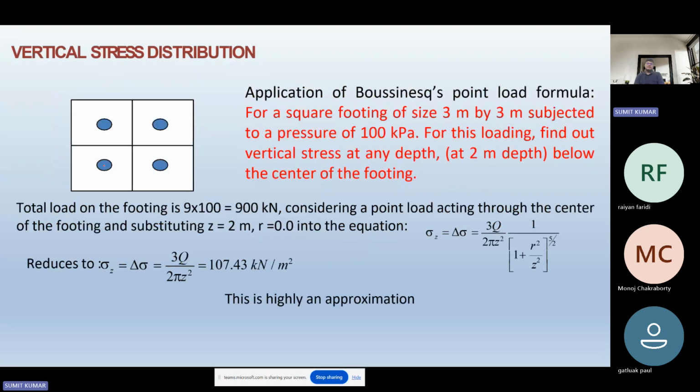So you can see over here that the question asks: for a square footing of size 3 meter by 3 meter subjected to a pressure of 100 kilopascal, find the vertical stress at a depth of 2 meter below the center of the footing.